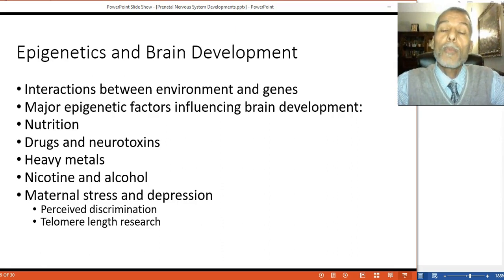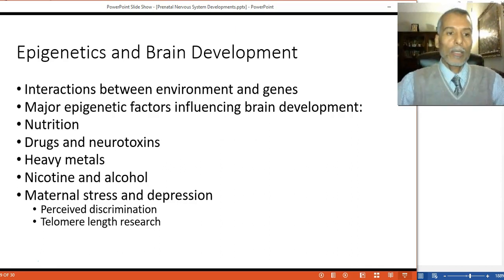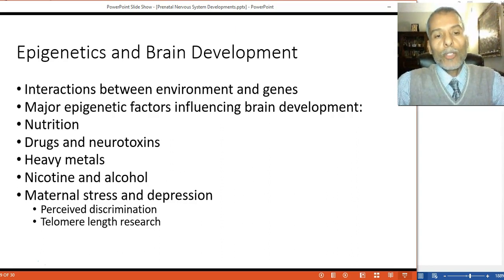But from the prenatal perspective, alcohol is going to cause fetal alcohol syndrome, and that has its own characteristics, and depending on the level, it has a devastating impact on the baby's cognitive skills. Maternal stress and depression.